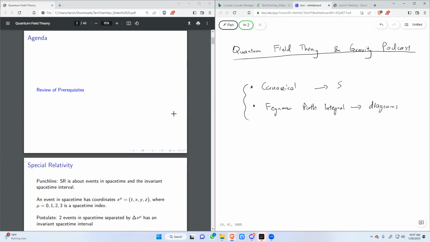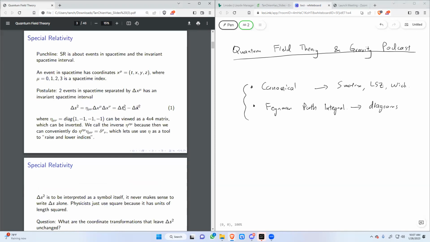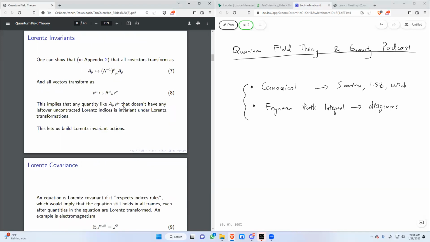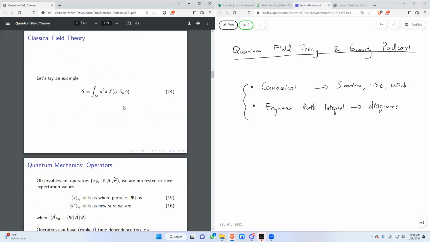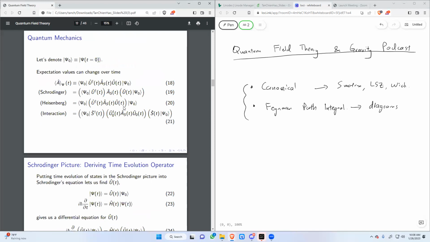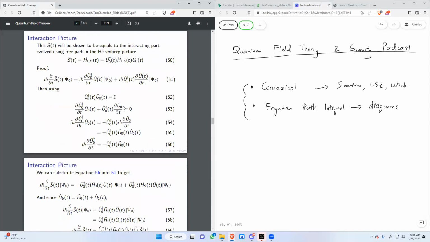It needs to introduce the S matrix, and we need to touch on the LSZ reduction formula as well as Wick's theorem before we can actually do the Feynman diagram. So in my lessons, I'm going to try to approach both of them at the same time. That's my general take on it.